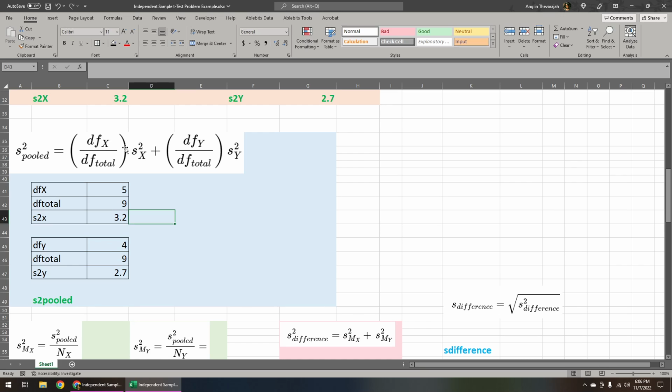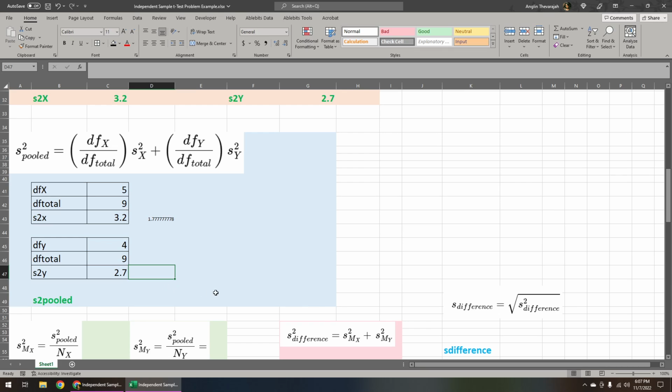Now, all I'm going to do for this equation is solve for this part first, and then solve for this part, and then add it together right here under variance pooled. So to solve for this, it'll be equals, open parentheses, your dfx divided by your df total, close parentheses, times your variance of x.